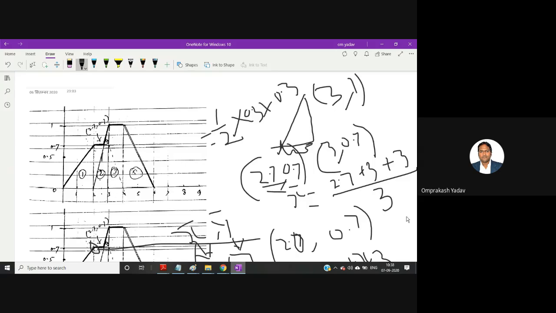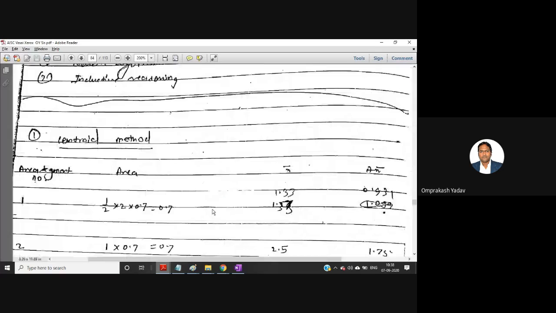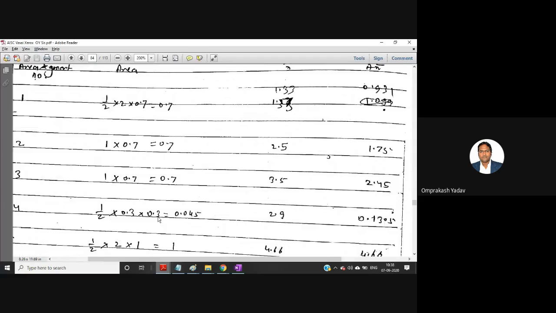So you can just calculate this. All the 3 points' x coordinates added, divided by 3. You will get something like 2.9, just check it.